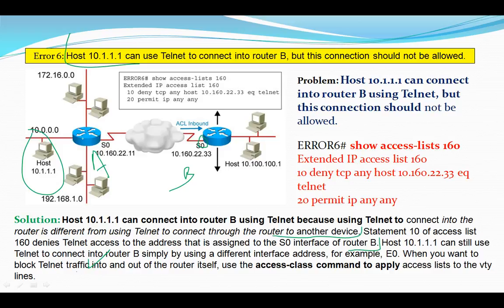The access list is applied to the serial 0 interface, but I can connect to a different interface and access telnet. When you want to block telnet traffic into and out of the router itself, use the access-class command to apply the access list to the VTY line.